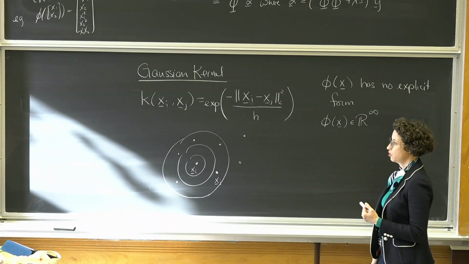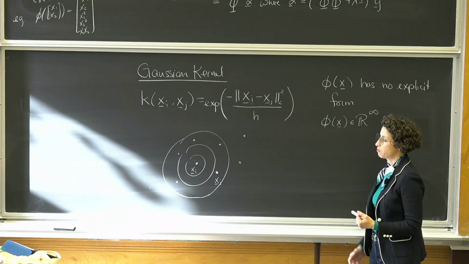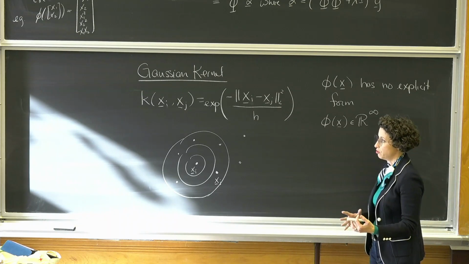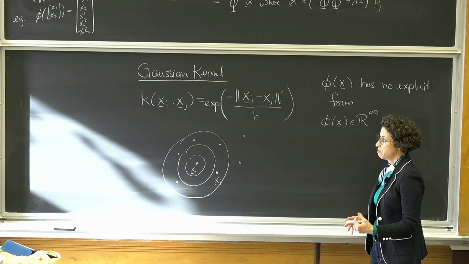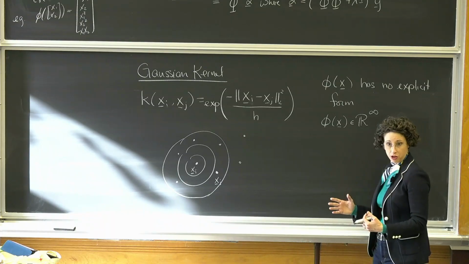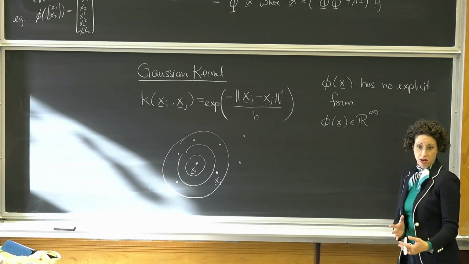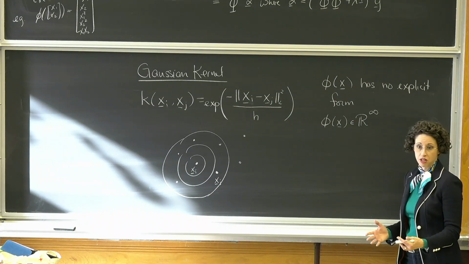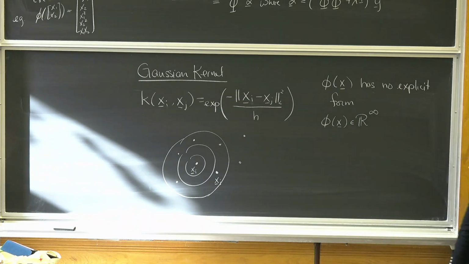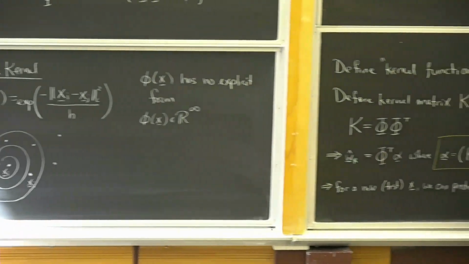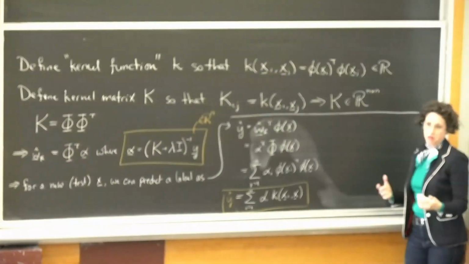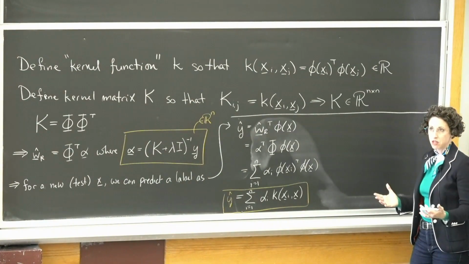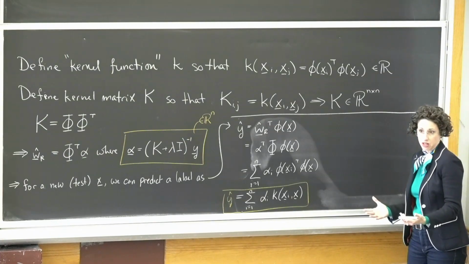Right. So this is a great point, and I think to frame it a little bit more broadly than you just did, I would say that there are many phi mappings that we might be interested in for which there does not exist a kernel. So for kernel functions that correspond to inner products of the phi functions, the way we set things up, there are constraints that you have to satisfy.